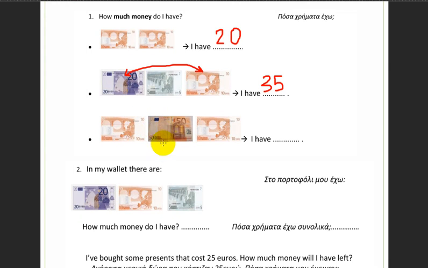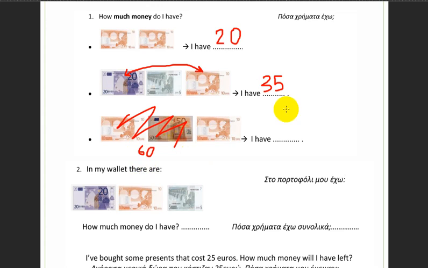Next up we have 10 and 50 and 10. Okay, let's start. Here we can say 10 and 50. Okay, well, 1 and 5 is 6. So 10 and 50 would make 60. So these two together would give me 60. I don't have a 60 euro note, so I'm just going to write 60 to remember it. 60 and 10.